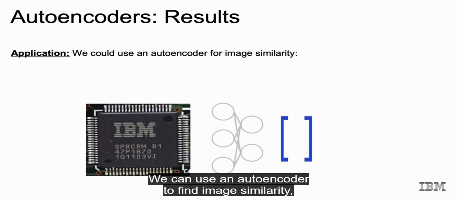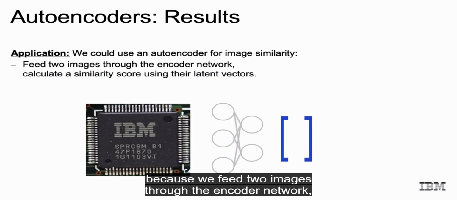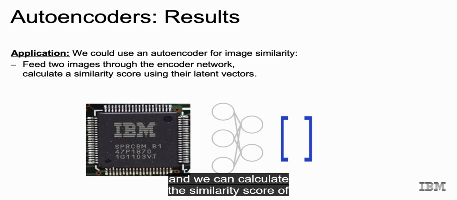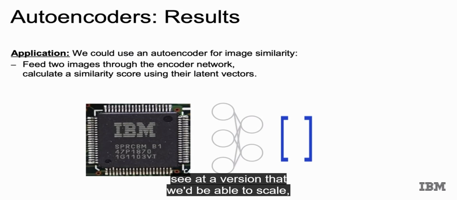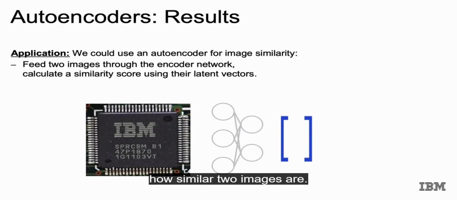And we can use an autoencoder to find image similarity because we feed two images through the encoder network, and we can calculate the similarity score of their latent vectors, of this lower dimensional representation. So that allows us to see a version that we'd be able to scale because it wouldn't require as much memory, how similar two images are.